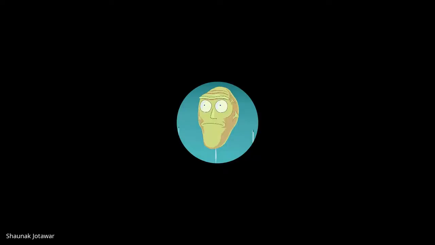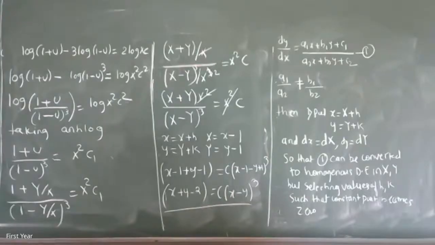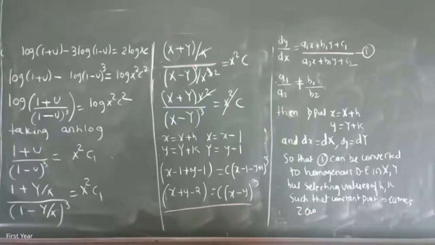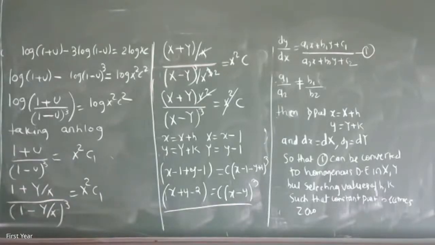Ma'am, can you repeat this point? Step 2, only this point after. What I said, converting to homogeneous, right? In step 2, I said solving the homogeneous differential equation using variable u.